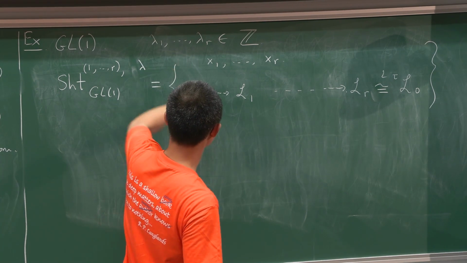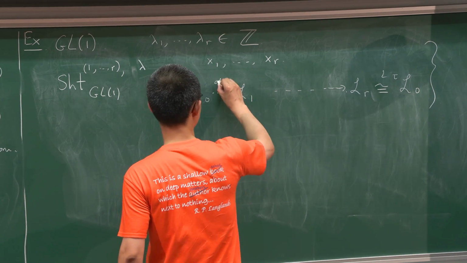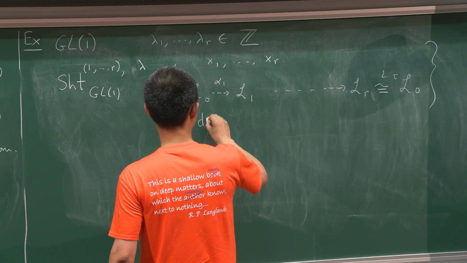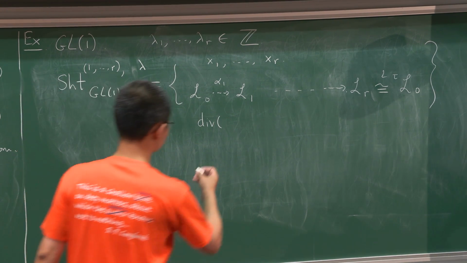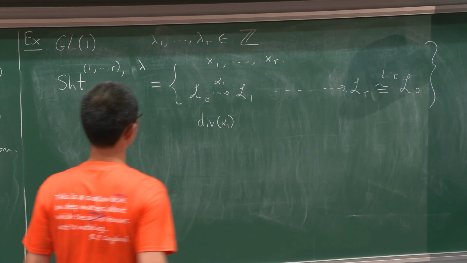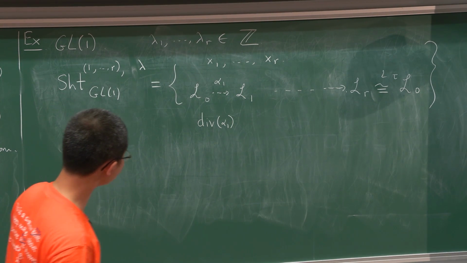Now I put a bound on each of these maps. For a map between line bundles, I can talk about its divisor, which records the order of zeros and poles.